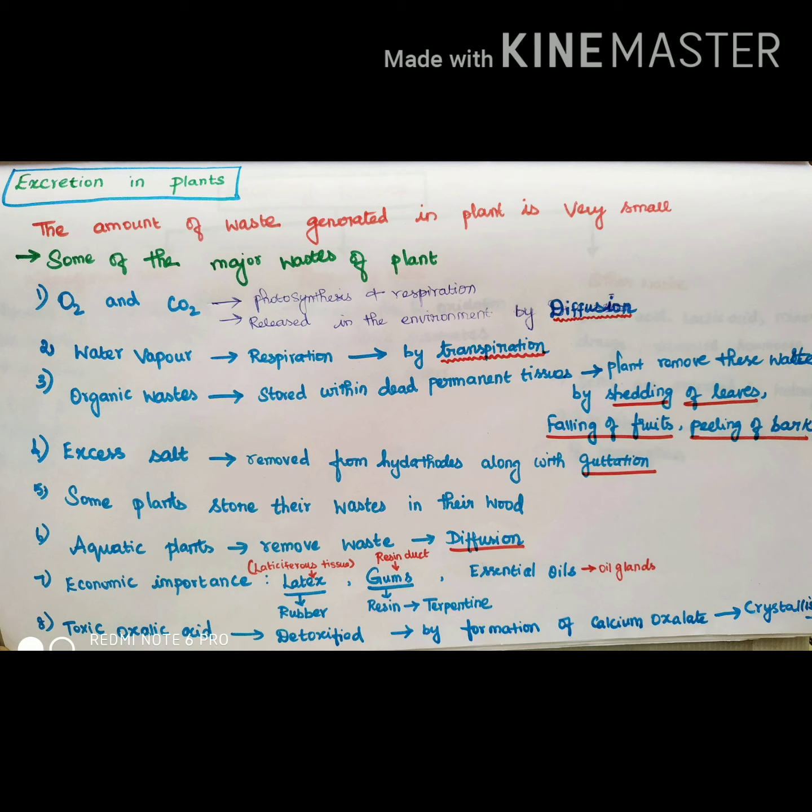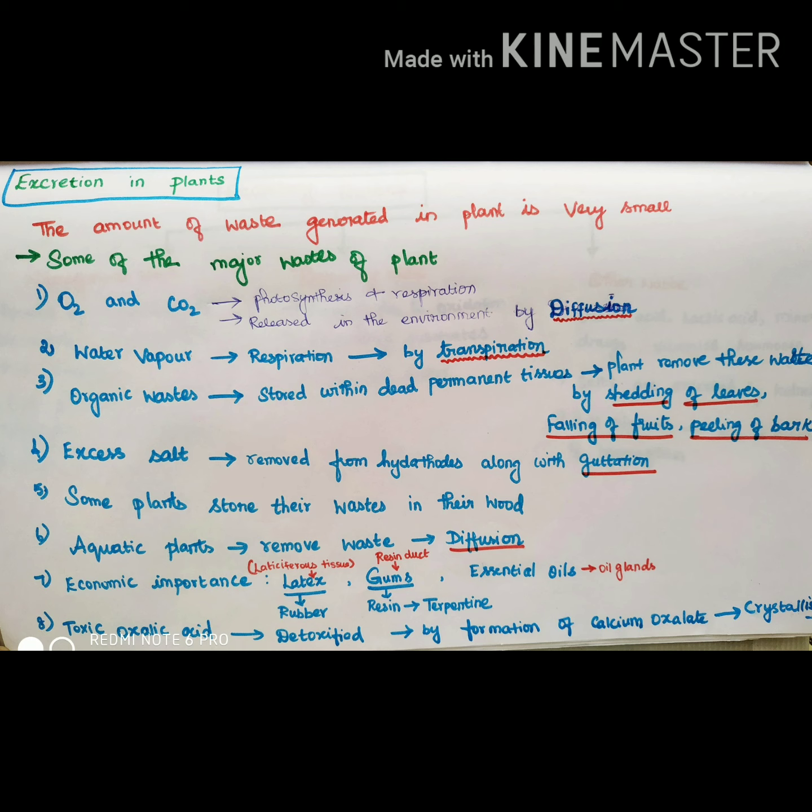Now we are going to see what are the waste contents which are released by the plant. As you all well know, the first one is oxygen and carbon dioxide. How will the oxygen be released? Yeah, during the photosynthesis process, and carbon dioxide is released during respiration, right?